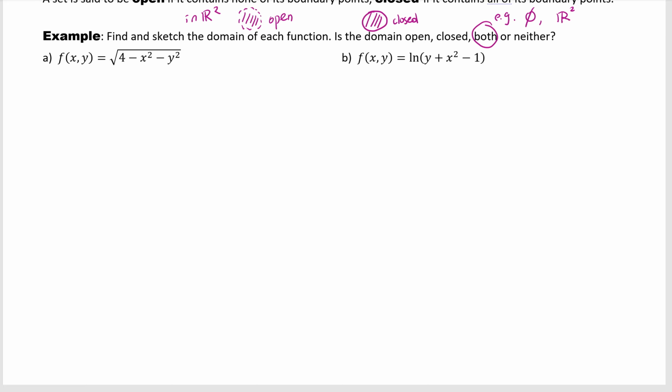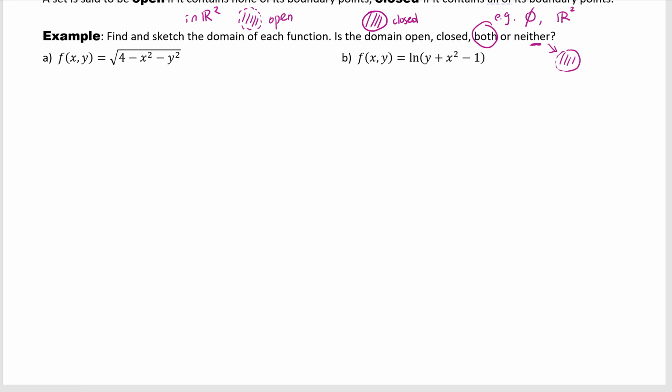Okay, so for neither, you can think of an example that has a dashed line and then a solid line somewhere. So here it contains some of the boundary, but not all of the boundary, so it's not open. Because it does not contain all the boundary points, it's not closed. So this is neither. So far, so good, everybody? So we can have the set open or closed or both or neither.